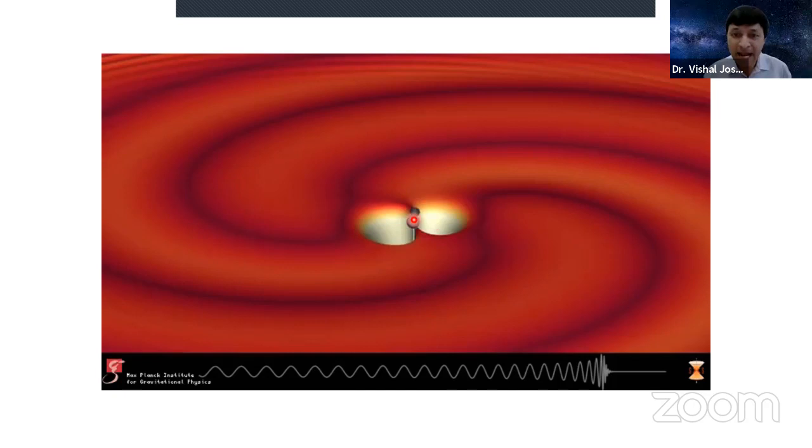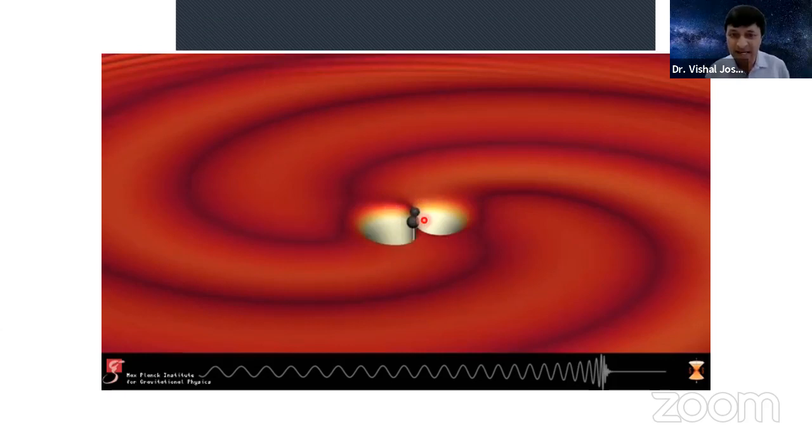Suppose two black holes are in a binary system and they are orbiting around each other. And as they are orbiting around each other, they are emitting gravitational waves. You can see here. As these gravitational waves are emitted, the energy of the system reduces and the two stars are coming closer and closer.